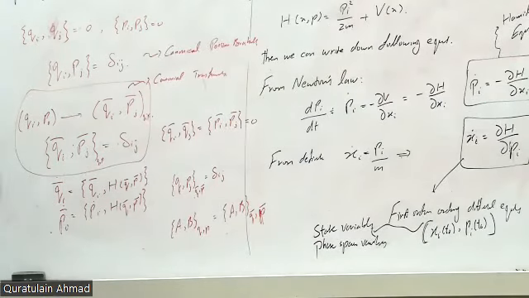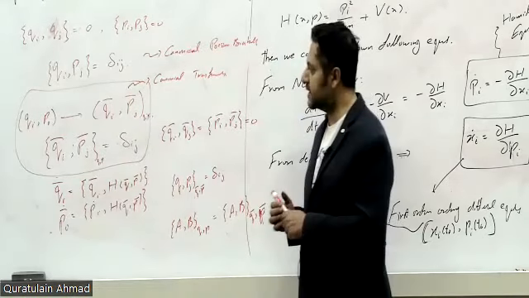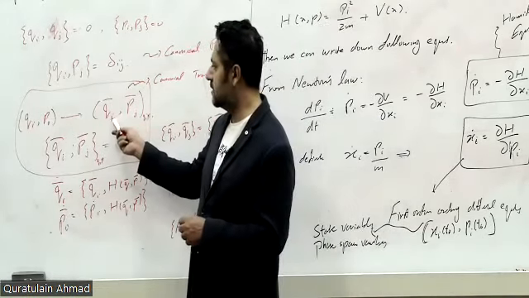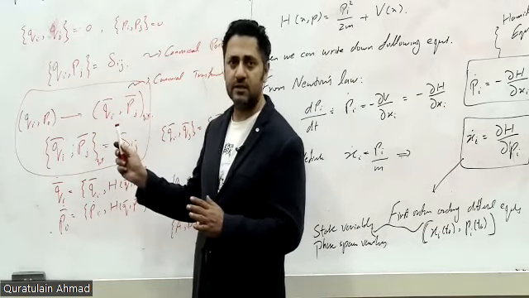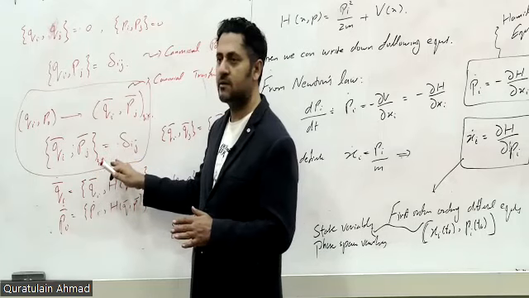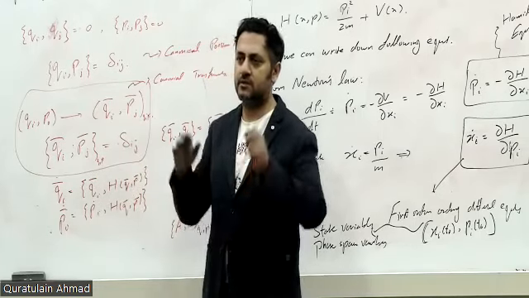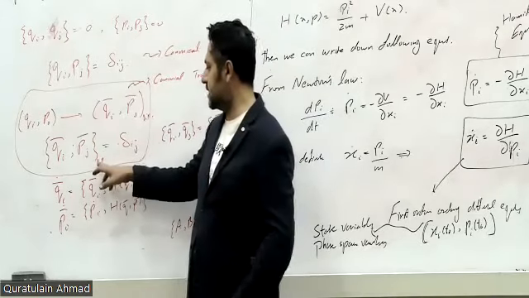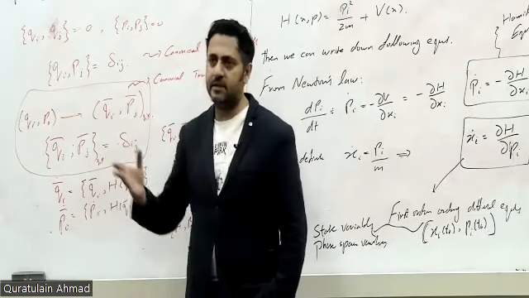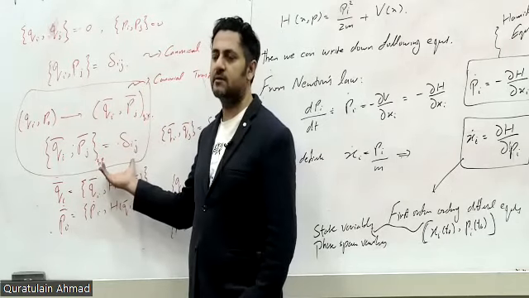The one you started with had nothing special about it. So you take any canonical coordinates, canonical phase space coordinates. How are they canonical? Because their brackets are canonical. You can just declare it.